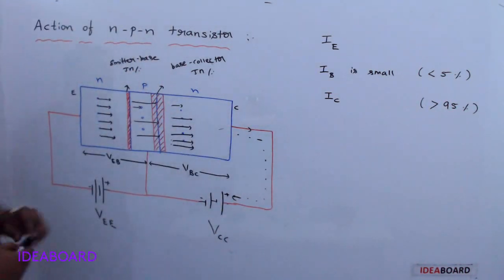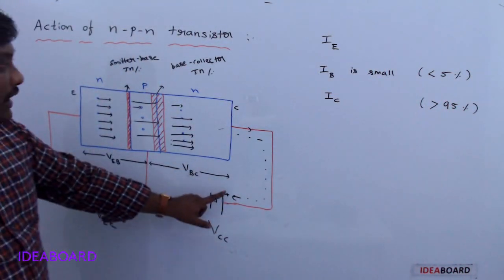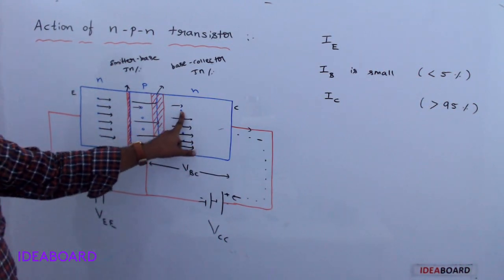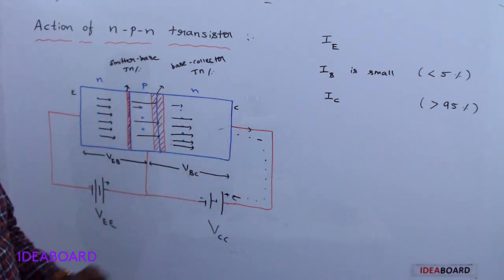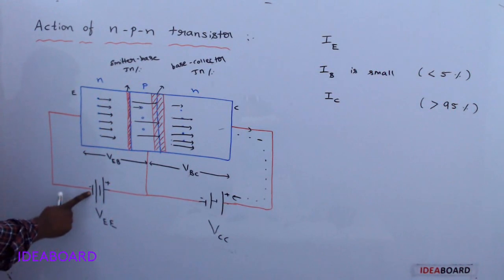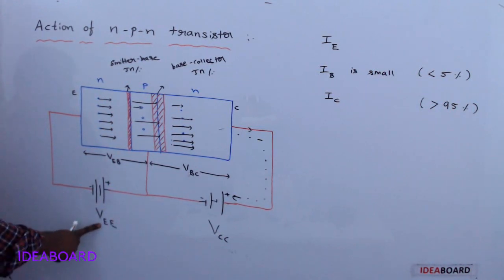Understand? So in this process, corresponding to each electron that goes from the collector, there is one electron entering into the emitter region from the negative terminal of the VEE.